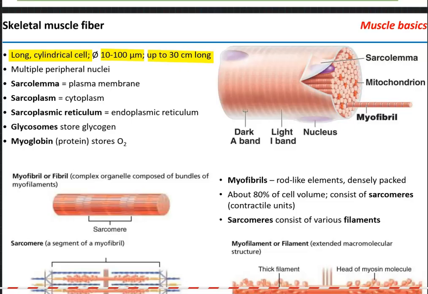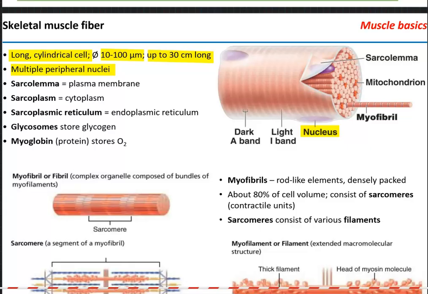Since skeletal muscle cells are generated when multiple myoblasts, the precursors, fuse, skeletal muscle cells have multiple nuclei which are pushed to the periphery of the cell, giving the space for myofibrils.